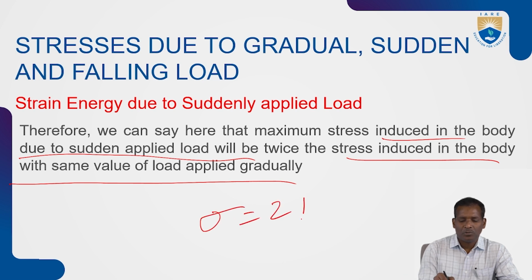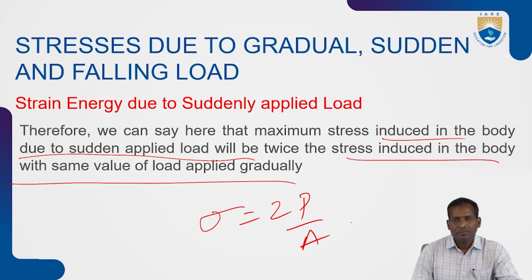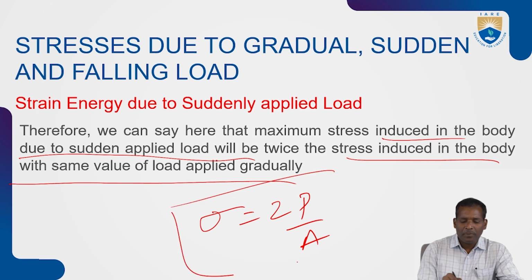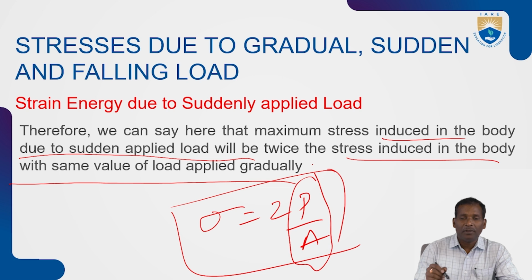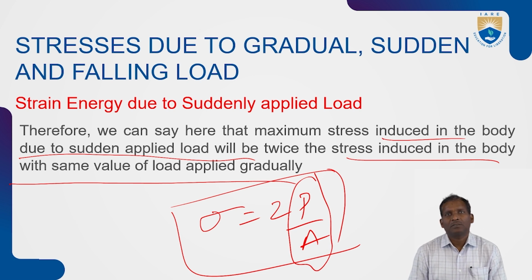Sigma is equal to 2P by A. But in case of gradual load, the stress is equal to load upon area. So the maximum stress induced due to sudden applied load is twice that for the same load applied gradually.